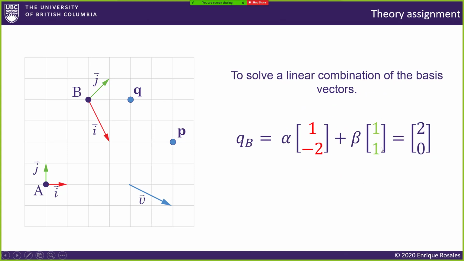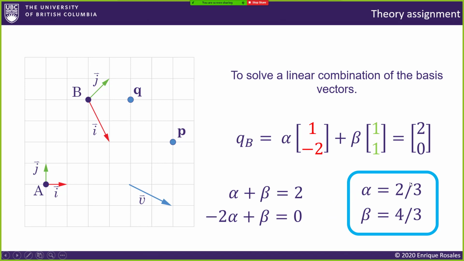If you solve it like that, you have these two beautiful equations, and then it's super easy to compute. Once you solve this linear system of equations, you get these results: alpha is equal to 2/3 and beta is equal to 4/3. I think somebody already put those on the chat, so maybe you got it right. And this is the solution.